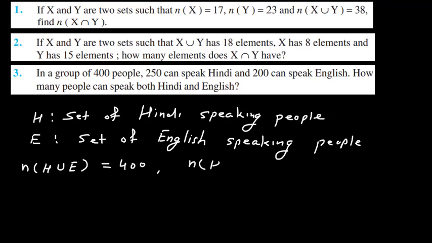The number of Hindi speaking people will be 250, and the number of English speaking people will be equal to 200.